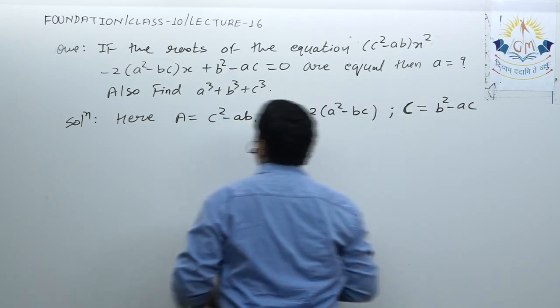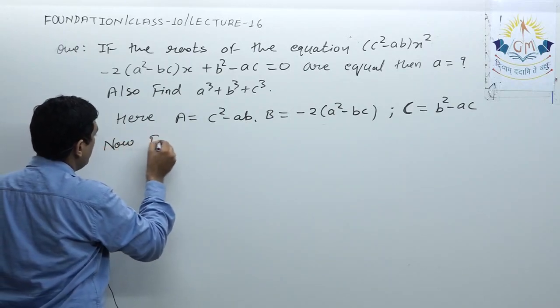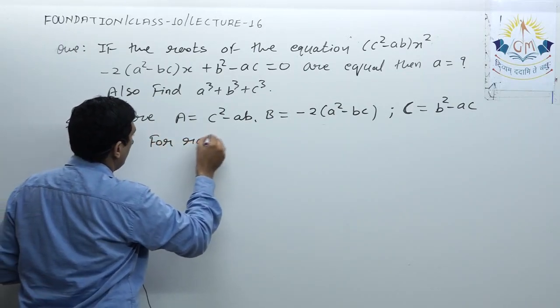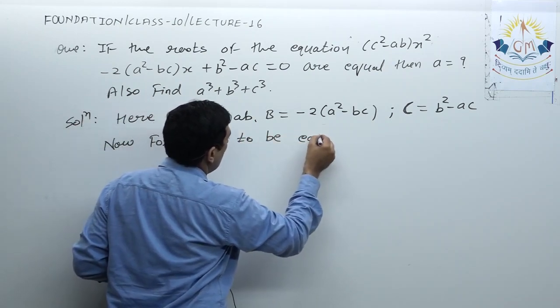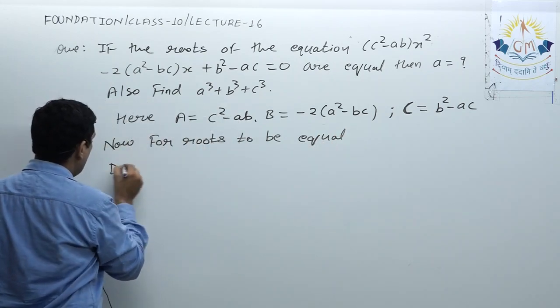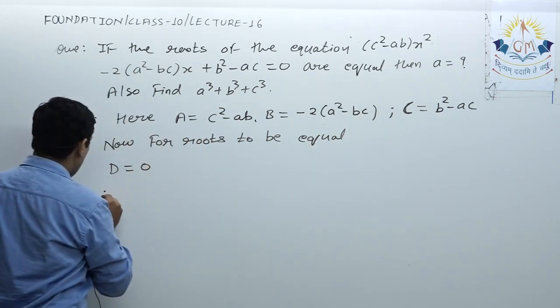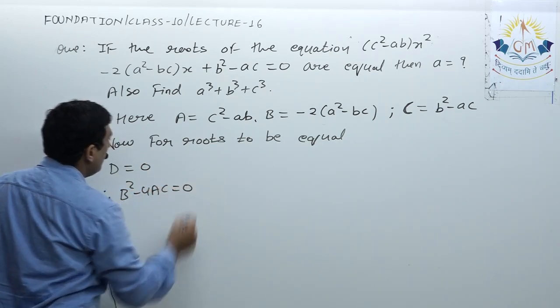Now for roots to be equal, what is the necessary condition? D is equal to 0. Therefore I can say b square minus 4ac equal to 0.